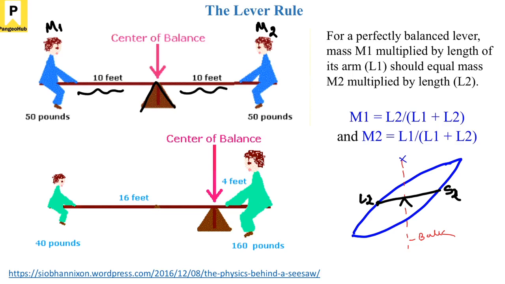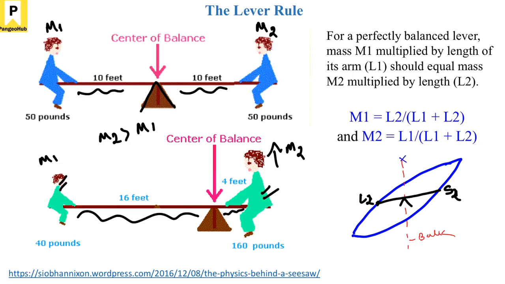If I increase the mass here, so m2 is greater than m1, and I still want to balance this, I have to make this one sit at a distance proportional to its weight. So if this one is sitting closer, it will still be balanced. His mass is proportional to this length.